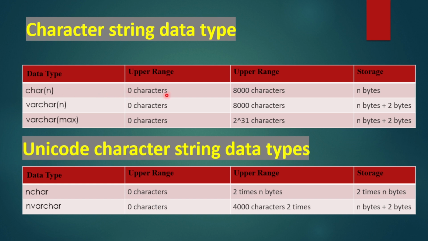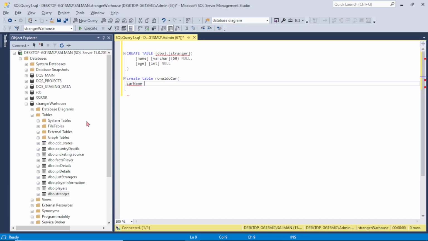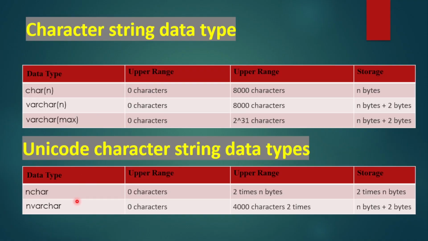Char, we can store up to 8,000 characters. We can easily use this data type. We can also use varchar, but varchar max is not an appropriate data type for this column, is it? Unicode is for other languages other than English, other cultures, Japanese, as I already told you.